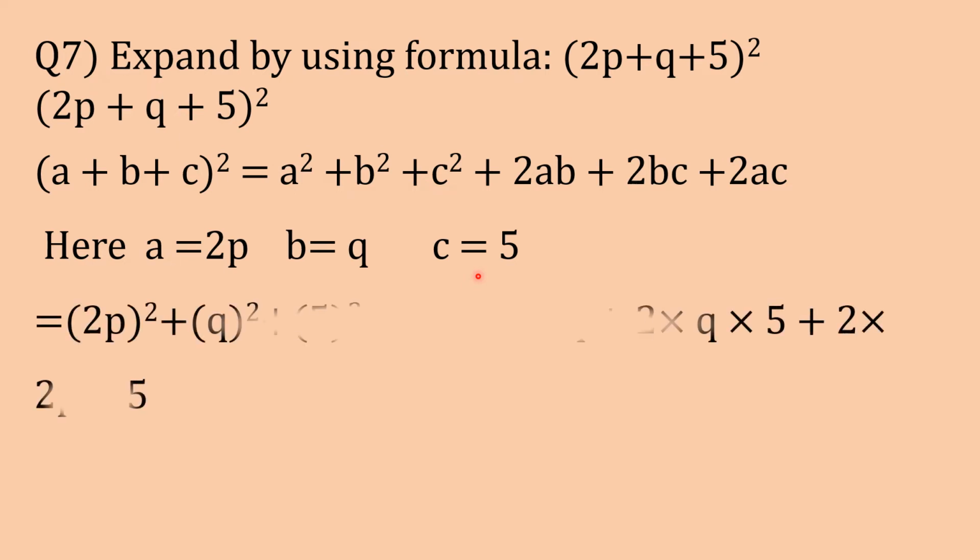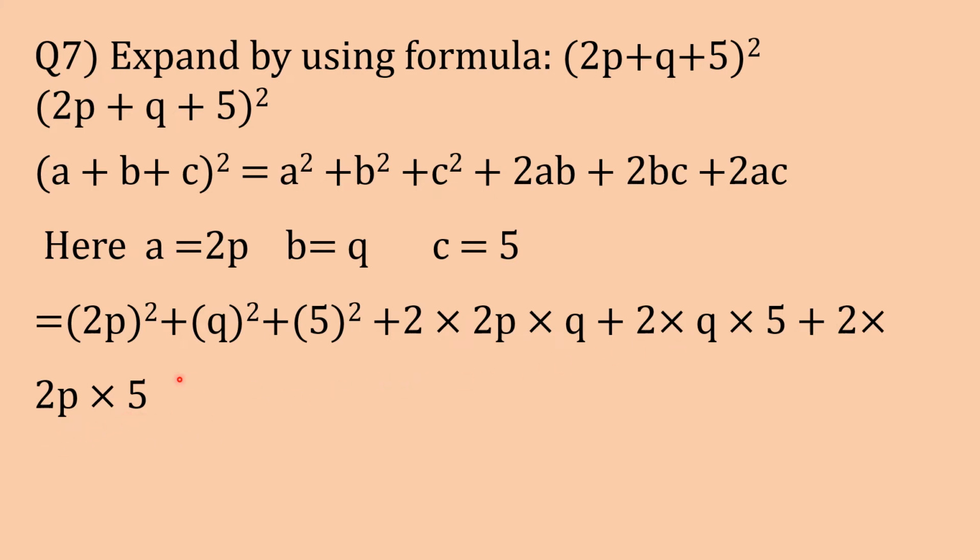By using that formula it will become 2p the whole square plus q square, that is b square, plus c square, which is 5 square, plus 2 into a into b, that is 2 into 2p into q, then plus 2bc, so 2 into q into 5, plus 2ac.